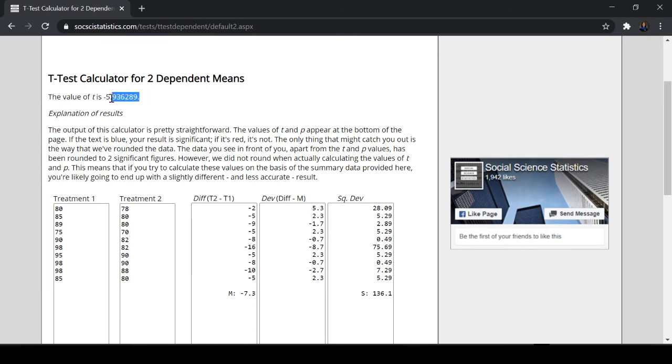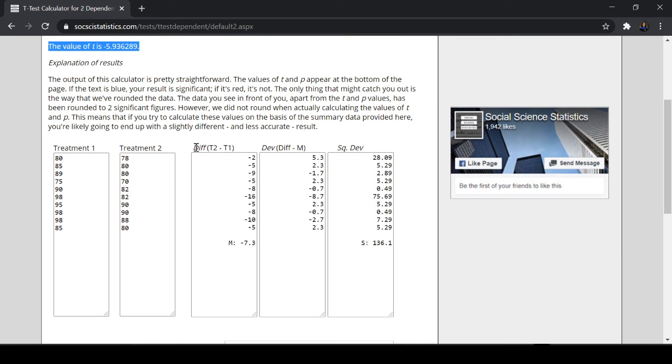If you can notice, it has the negative sign, whereas in the Excel that we have, it's positive, because I entered the first set of data as my first set of data, and the second set of data there is the second set of data. But here, if you can see, because this test is about difference, the significant difference, right?